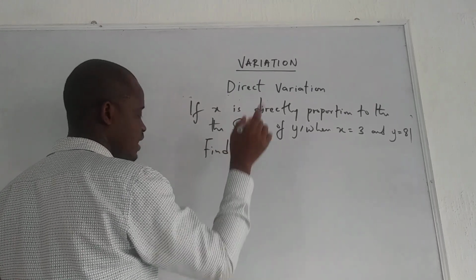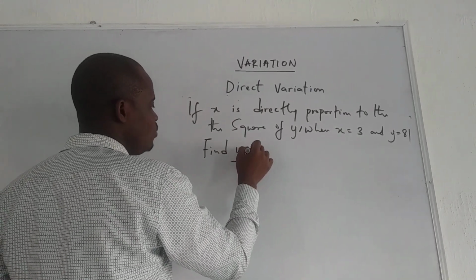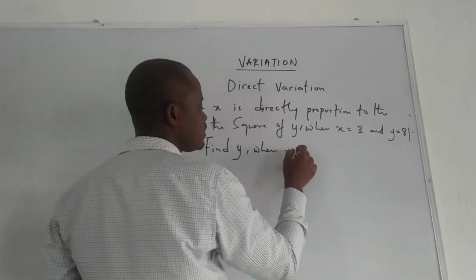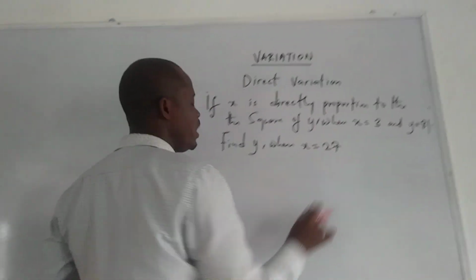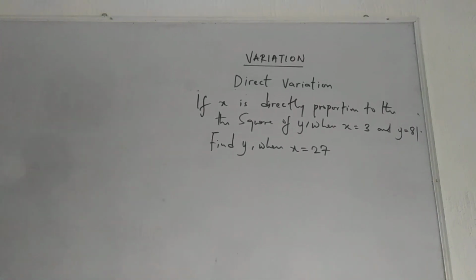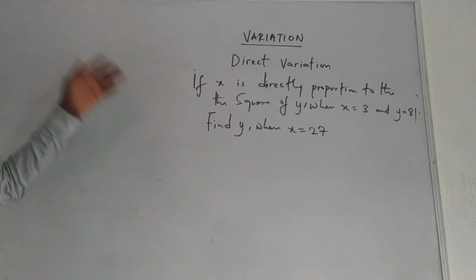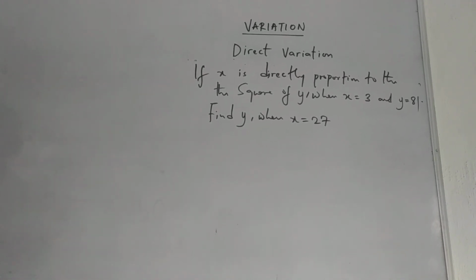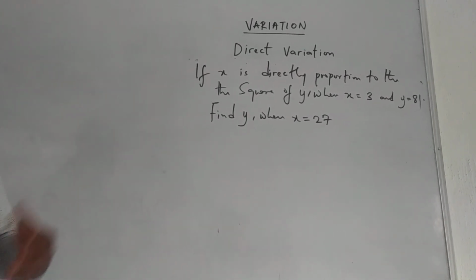I've reversed it now, the other time was x. I mean, this is a very straightforward question. Look at my question. X is directly proportional to the square of y, when x is 3 and y is 81. Find y when x is 27.